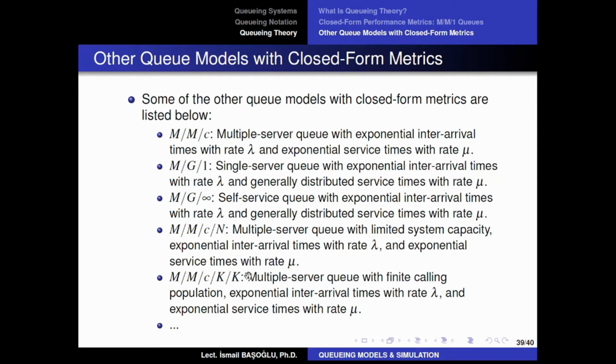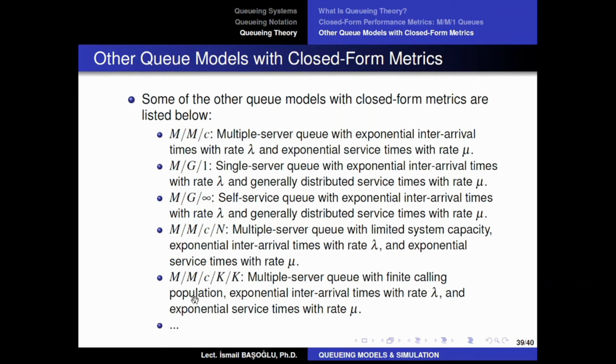So if the calling population size is equal to K, then the capacity automatically will not be violated, because at most K clients can enter the system from the outside. Therefore, this capacity constraint will not be violated in any way.